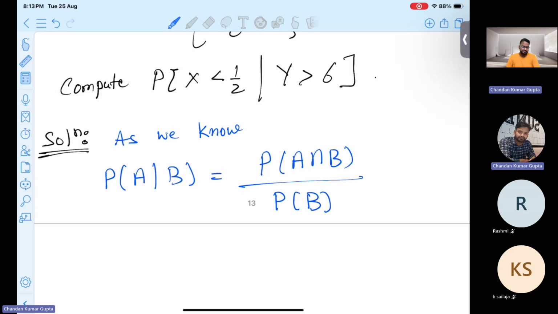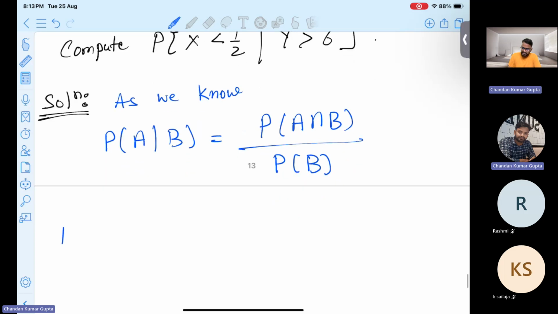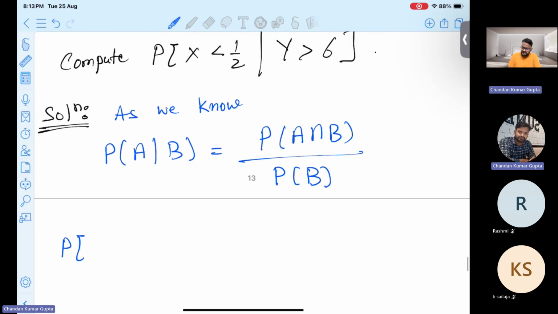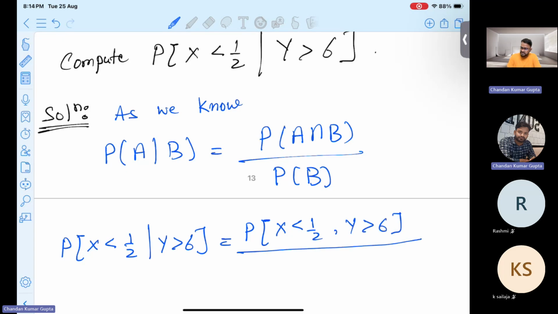So the probability that x is less than half given y is greater than 6 can be written as the probability that x is less than half and y is greater than 6, divided by the probability that y is greater than 6.